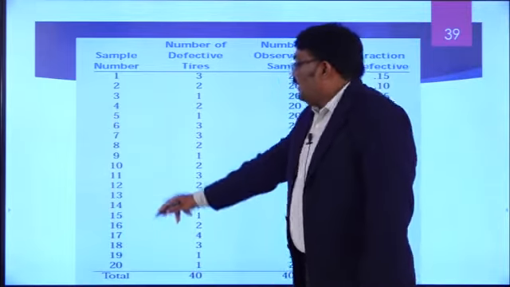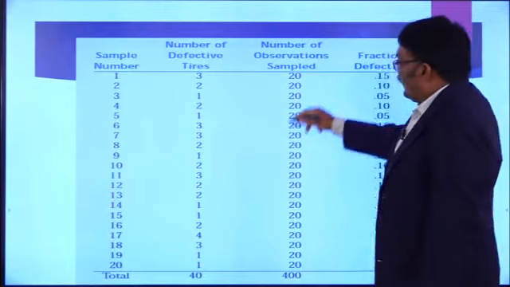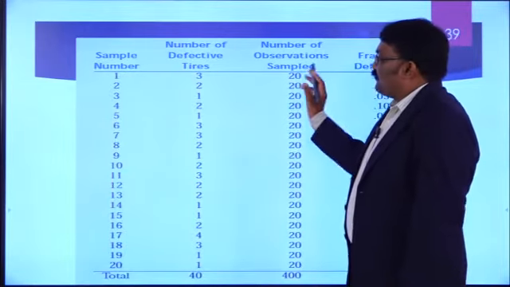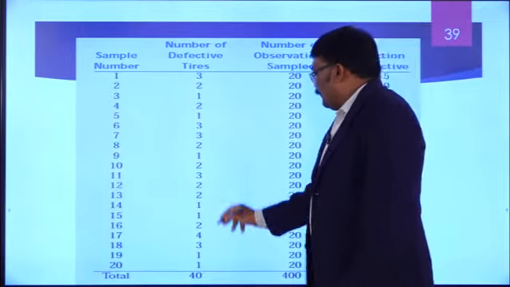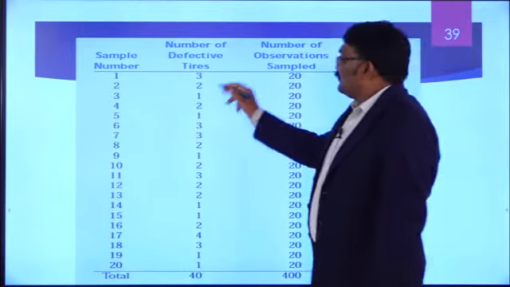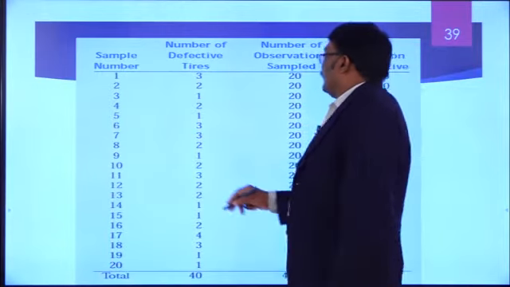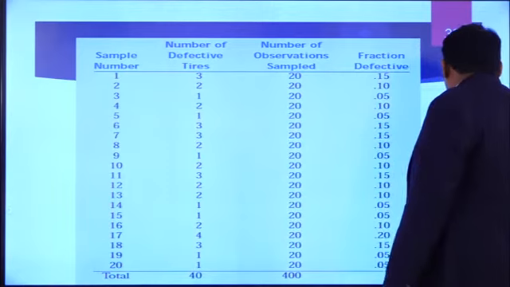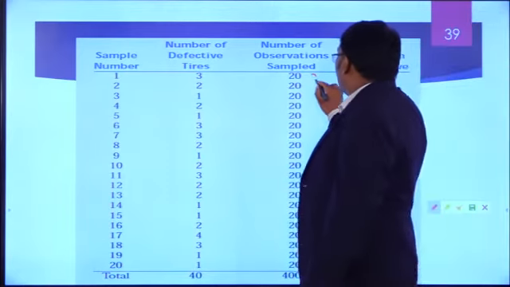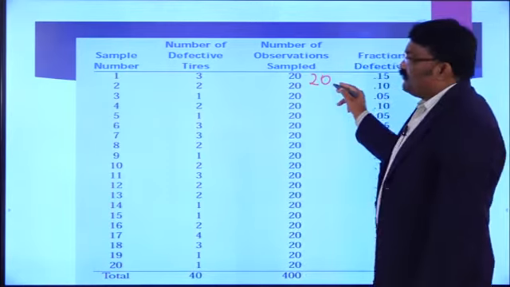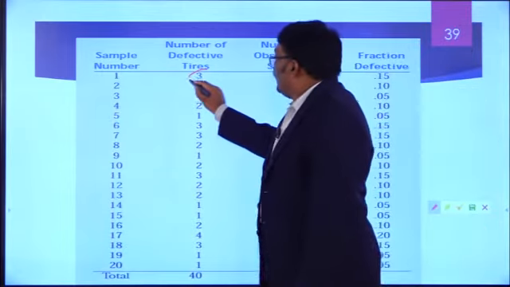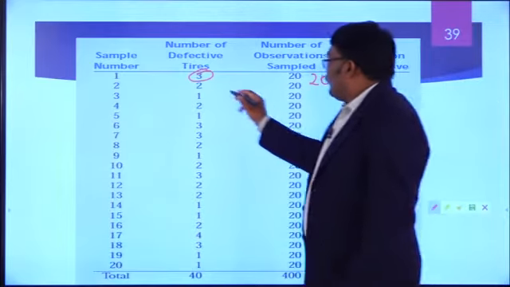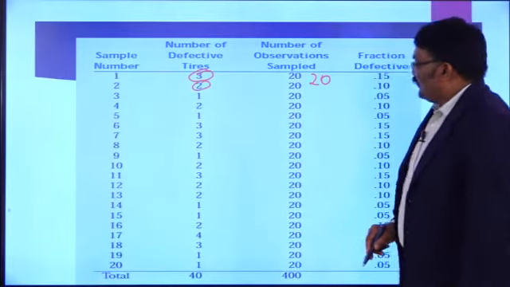There are 20 samples, right, and each sample has 20 observations. Under that, how many defects are there? We are taking 20 in each sample, and out of the 20, we have 3 defects in sample number 1, and similarly in sample number 2 we have 2 defects.